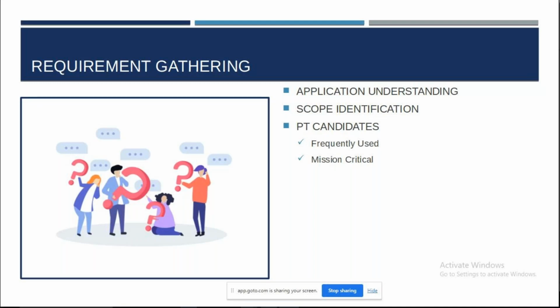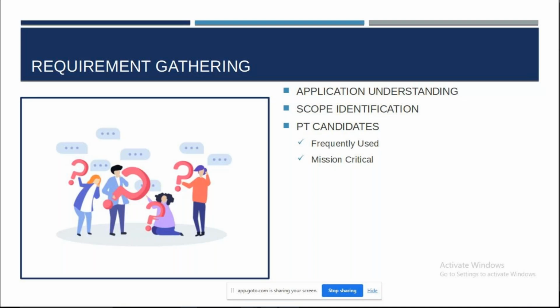UPI payment option is mission critical for an e-commerce application or any application where you are purchasing products, booking tickets, whatever. That is why, guys, the most important criteria are frequently used and mission critical.